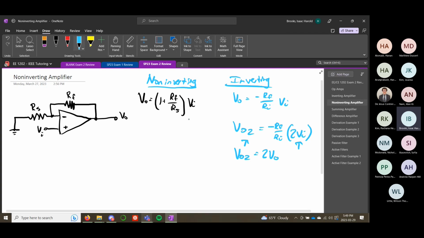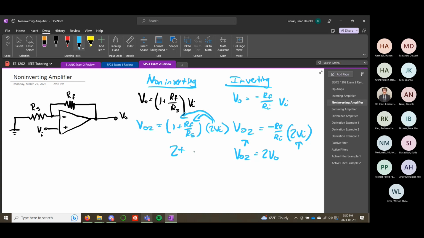However, the non-inverting, if we double our input voltage, 1 plus Rf over Rs times 2 Vi, right? The 2 is going to distribute out to these. So it's going to be kind of like 2 plus 2Rf over Rs. So we have this extra factor of 2 that makes it not as controllable by the resistors.